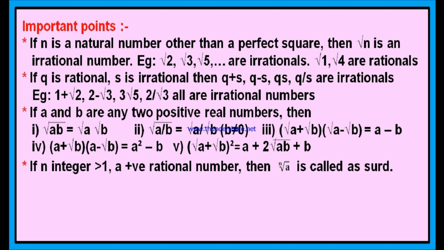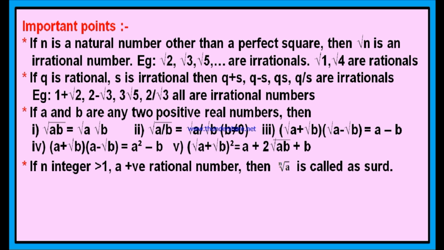But here the integer is greater than 1, so you should start from 2, 3, 4, 5 and so on. Integer greater than 1 here is nothing but the whole numbers greater than 1, which is also equal to the natural numbers greater than 1. What are the natural numbers greater than 1? 2, 3, 4, 5 and so on.